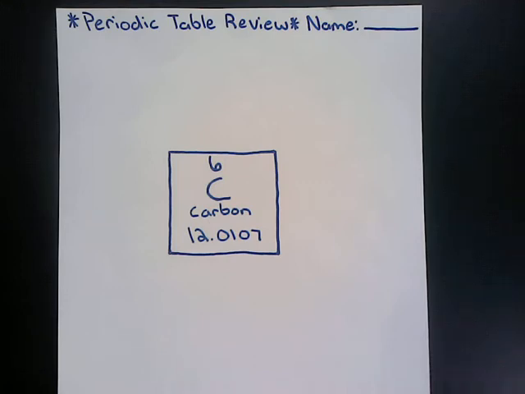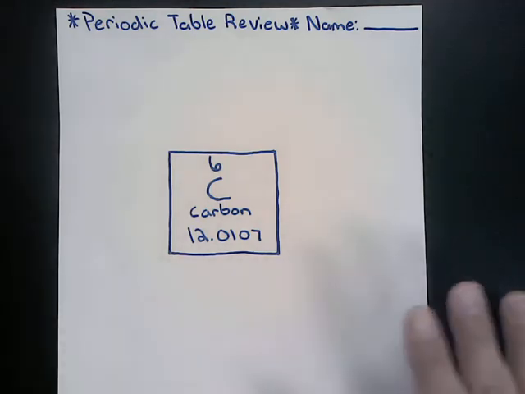Number two, be able to determine the atomic number of protons and electrons in a neutral atom, and then given an element symbol or the name of an element, be able to find the number of protons, the atomic number, and the average atomic mass.